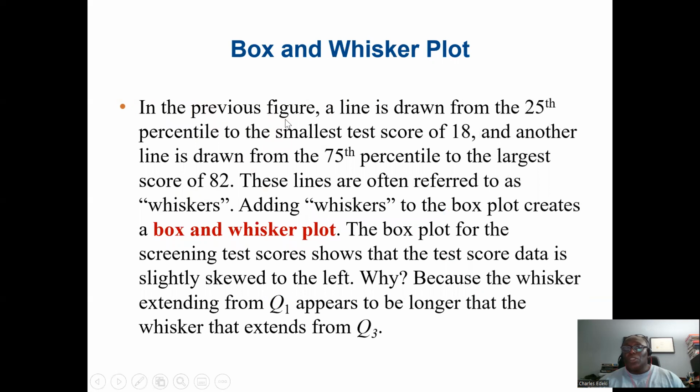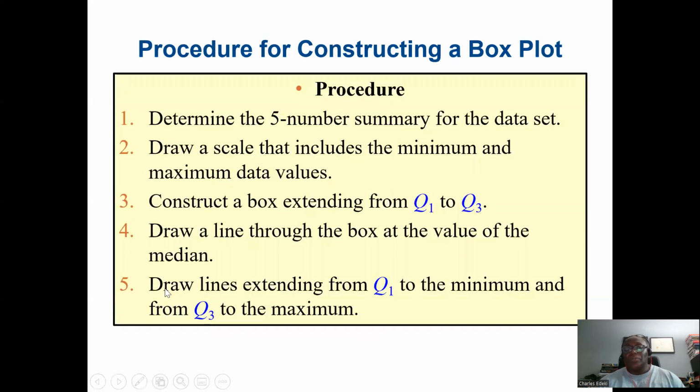So in the previous figure, we saw a line drawn from the 25th percentile to the smallest test score, which was 18. And then another line is drawn from the 75th percentile to the largest, which is 82. So let's see an example.